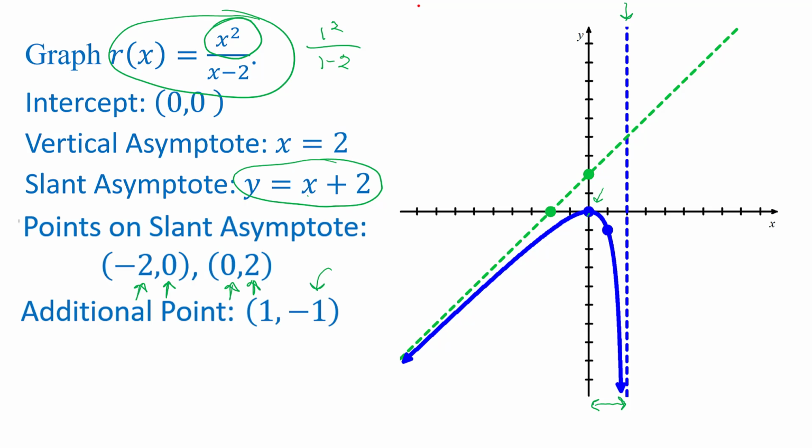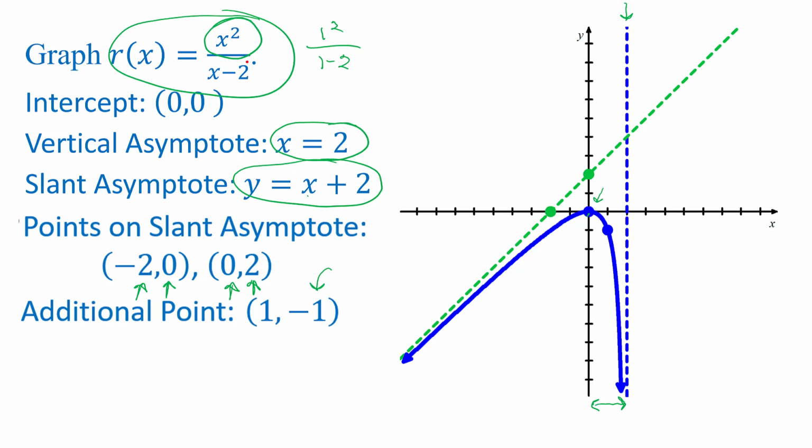Now we have a little bit more graphing to do. Let's look again at our vertical asymptote, x equals 2. If we want to figure out what's going on to the right of that vertical asymptote, notice to the left, our graph is approaching -infinity.